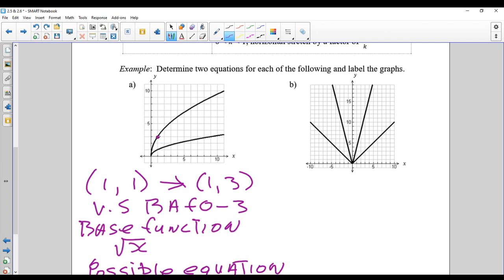I want you to compare this point with this point right here. Can we agree that those 2 points look like they could be related? They are 2 points that are easy to read on the graph, right?